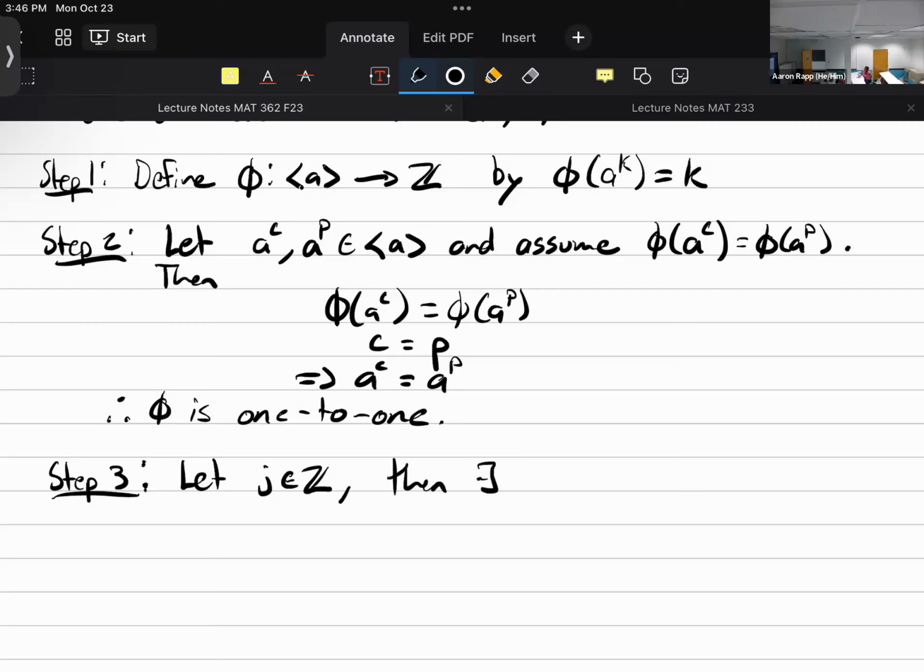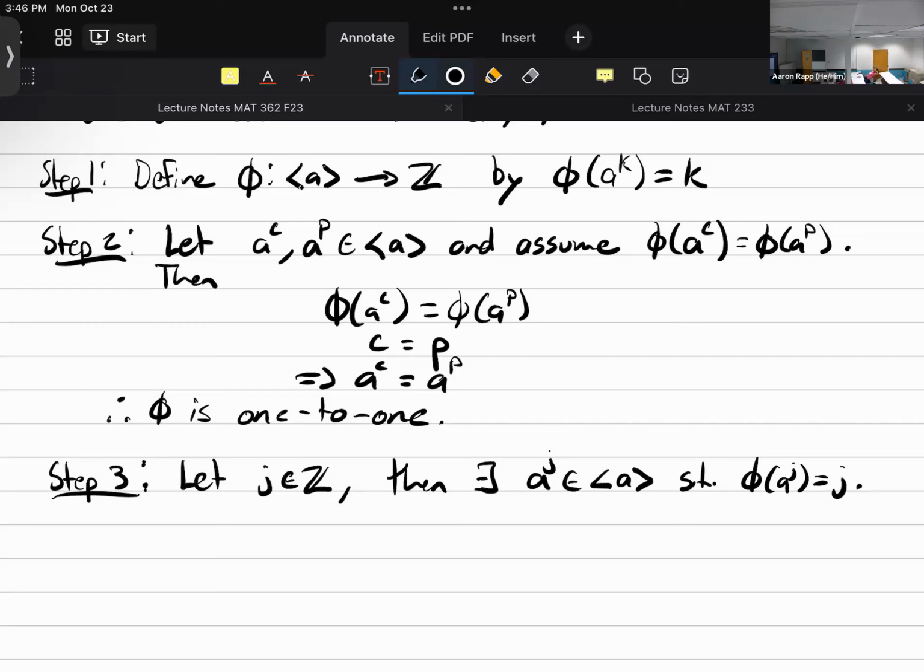And I know that there is then an A to the J power inside of that cyclic group, because that side of the cyclic group is always A raised to some integer, and we are trying to look for an integer. And A to the J power will map to J through this mapping that we've created.